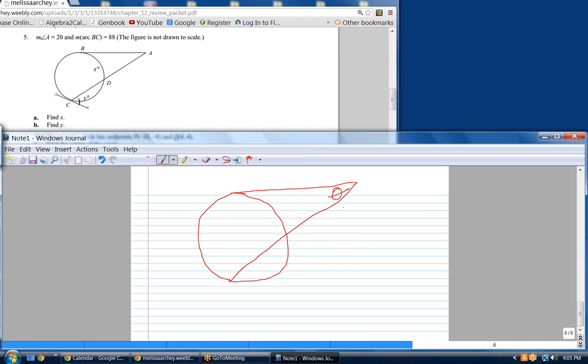What is that angle equal to? That angle is equal to x, isn't it? Theta is equal to 1/2 the difference between the big arc BC and the small arc BD.